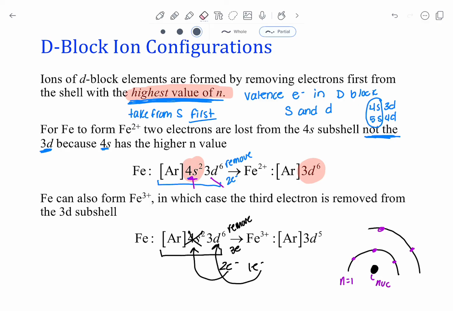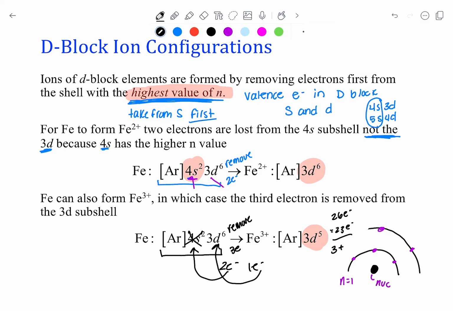Once you get rid of the electrons from the highest n, then you go to the next highest n, which would then be 3. So our final electron configuration for iron 3+ is then argon 3d5. So this still shows that we have 23 electrons, but iron has 26 electrons, so we have a 3 plus charge.